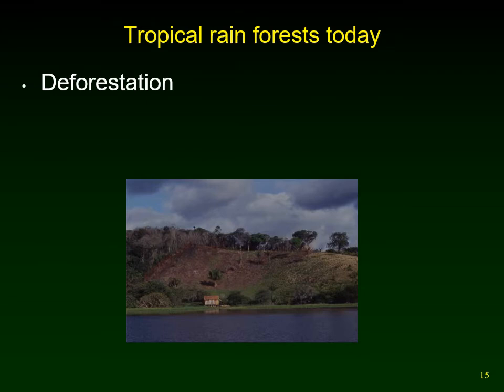So deforestation, the cutting down of these trees, is a major impact of humans in the tropical rainforest. And people are growing corn, rice, bananas, sugarcane, and getting approximately a quarter of our prescription drugs from plants. And unfortunately, it's also being cleared for cattle.